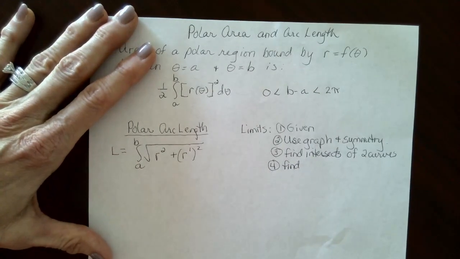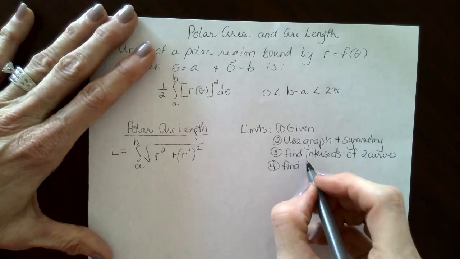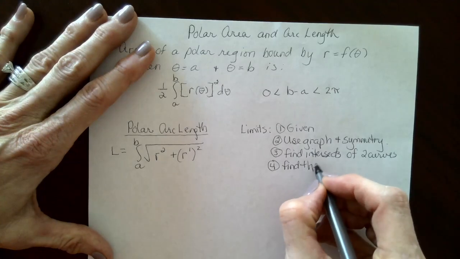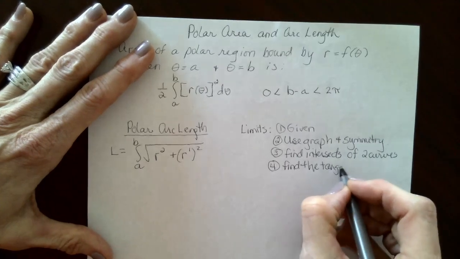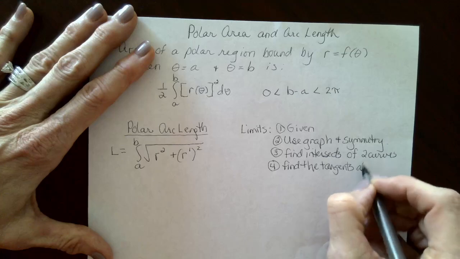What's the pole on a polar grid? It's the origin. At the origin, what is your r? 0, because you haven't walked out any direction. So at the pole, that's where r is equal to 0. Okay? So sometimes you're going to have to find the tangents at the pole.